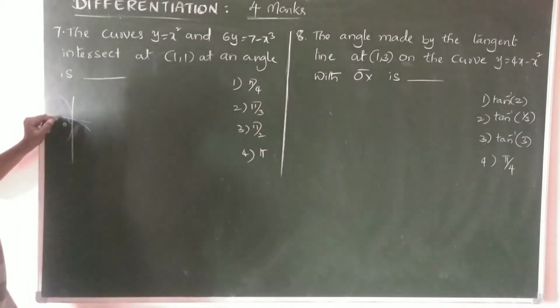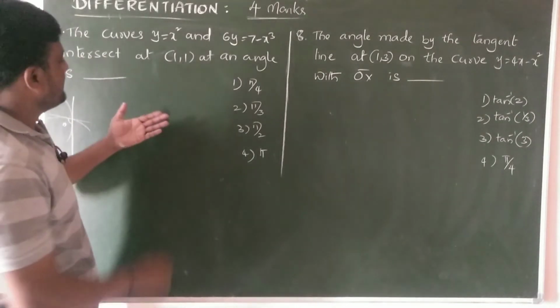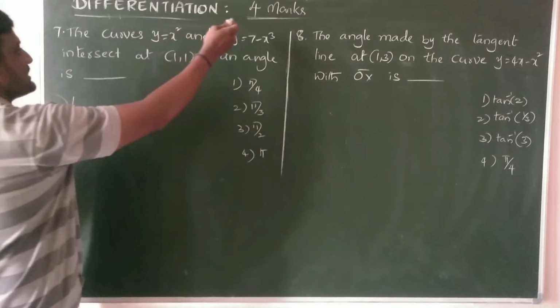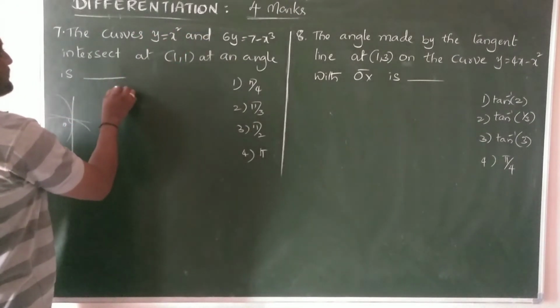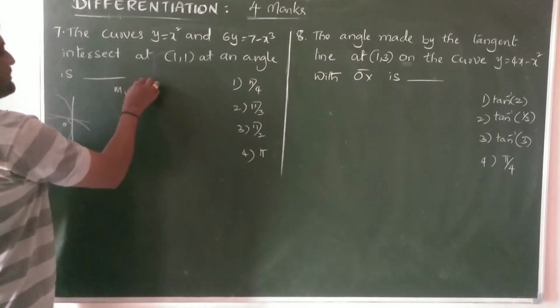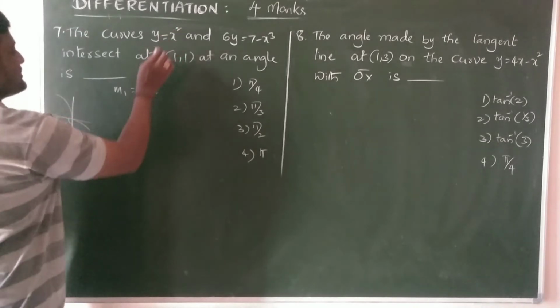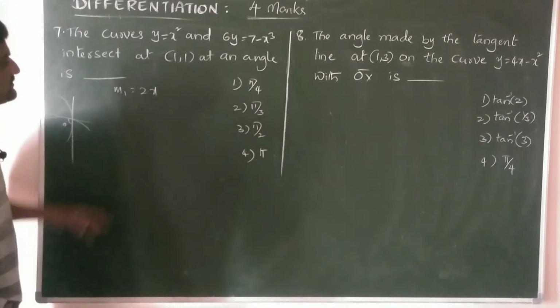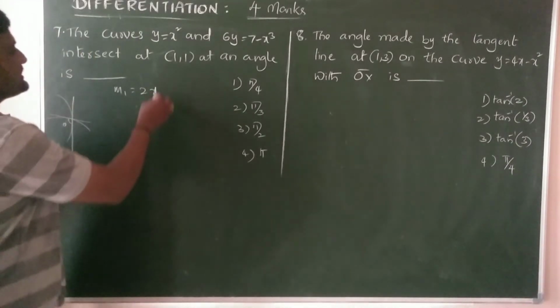First of all, we need the slopes of the tangents. Tangent is nothing but dy by dx, here also dy by dx. Then y equals x square, so m1 equals dy by dx equals 2x.